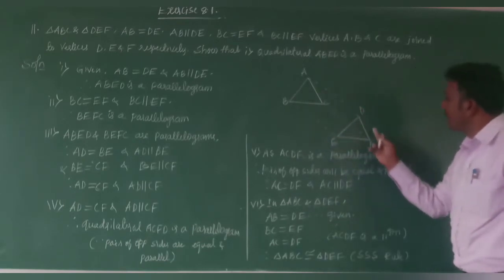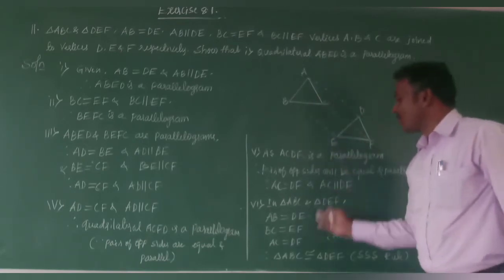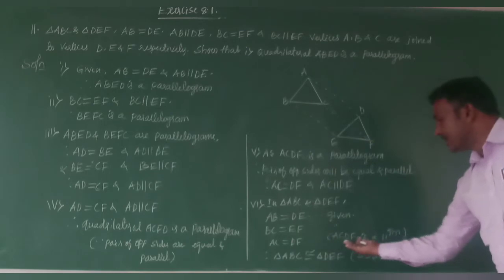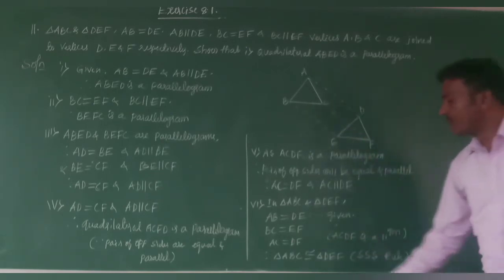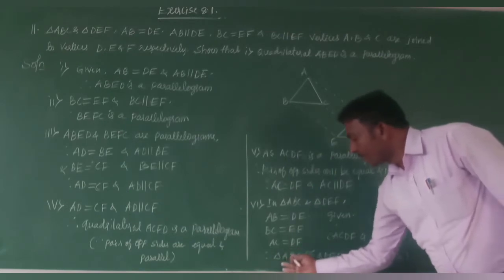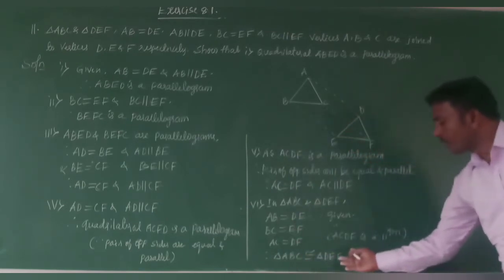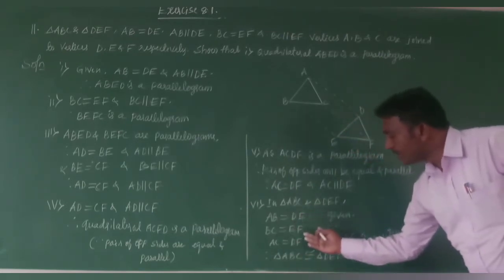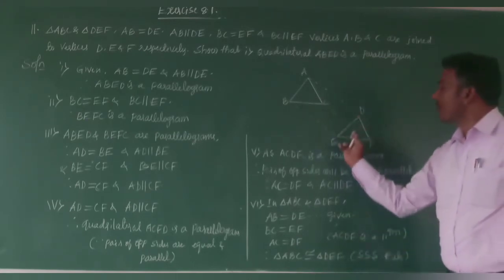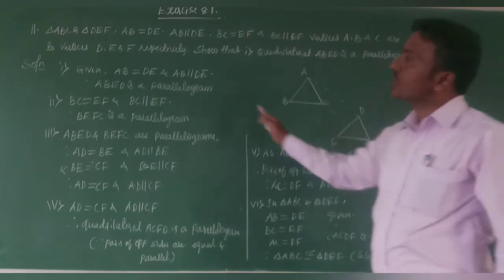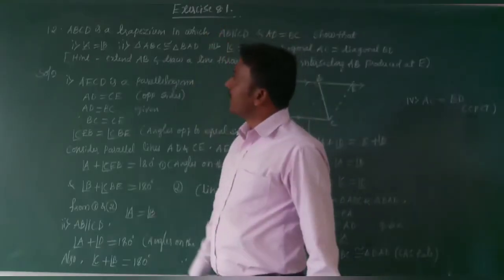AC and DF are opposite sides of a parallelogram. Therefore, AC is equal to DF. Therefore, triangle ABC is congruent to triangle DEF by SSS congruence rule. This is the solution of exercise 8.1.